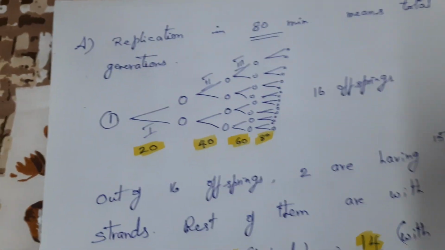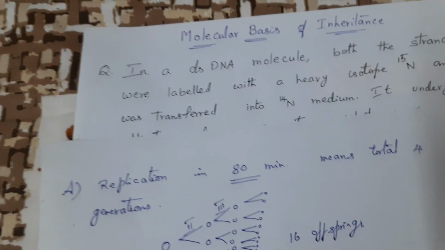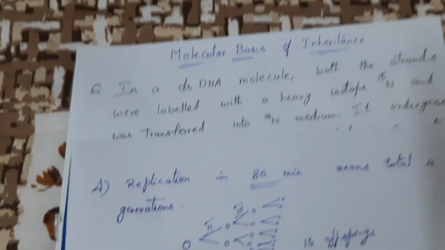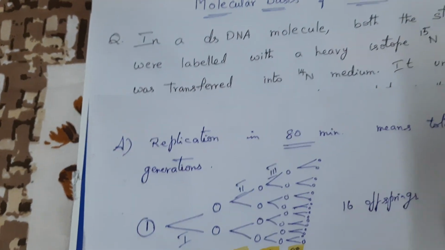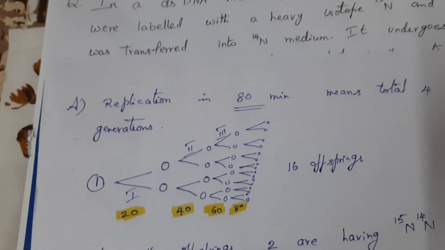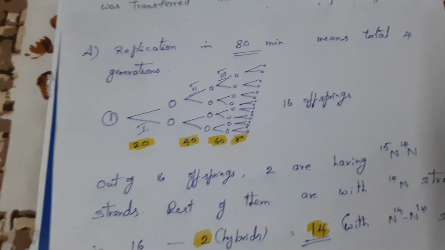See here, till here the question is same. Then it undergoes replication in 80 minutes. Then what could be the ratio in this? So they are asking again the ratio, but in 80 minutes.